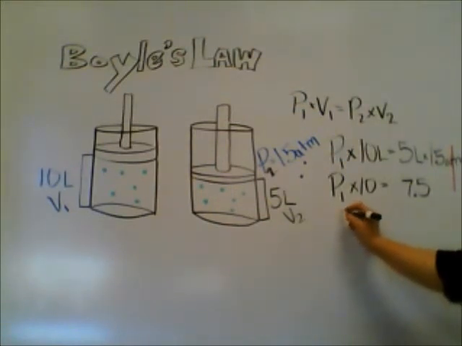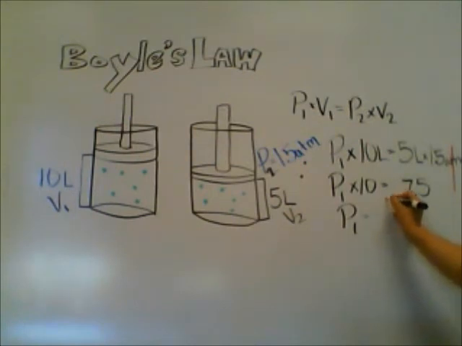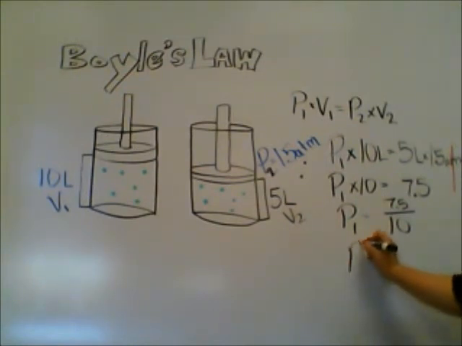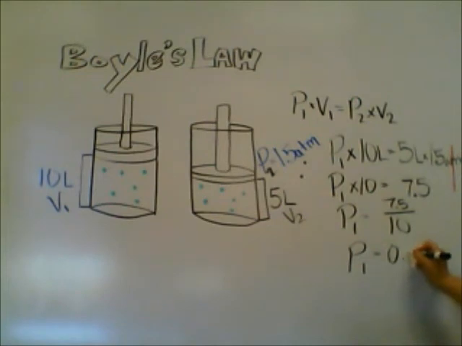So what you would get would be P1 equals 7.5 over 10. So P1 is equal to 0.75 ATM. Okay, pretty straightforward.